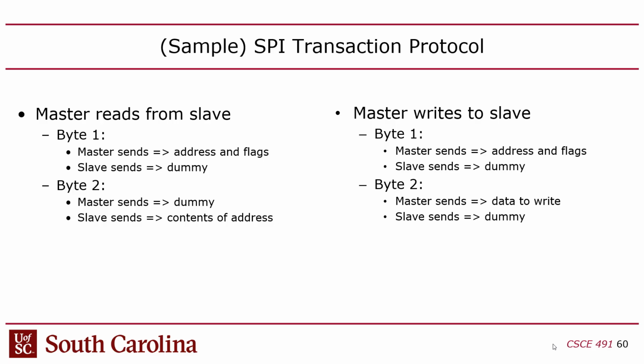So one way to do a very simple transaction protocol on top of the physical layer protocol is you can do 2 exchanges. The first exchange is like a network packet header where you send the address over, as well as a bit that says whether you're going to read or write, right? And then in the second exchange, you either receive data back from the slave if it's a read, or if it's a write, you send the data you want to write to the slave, right?